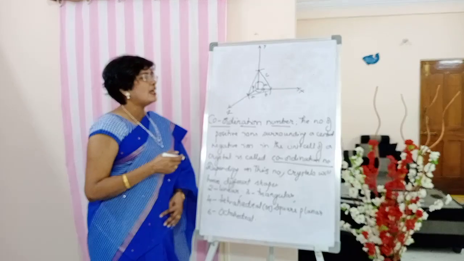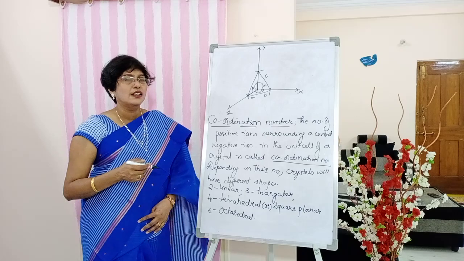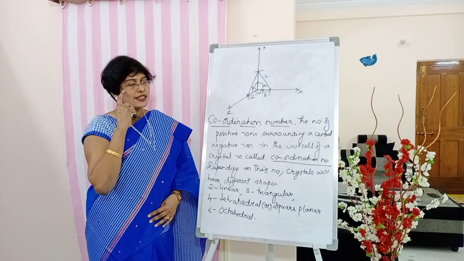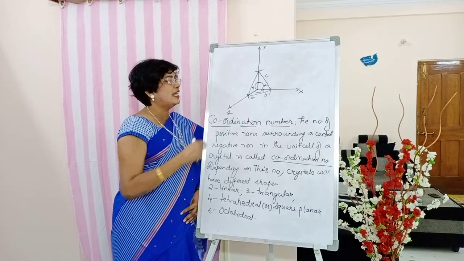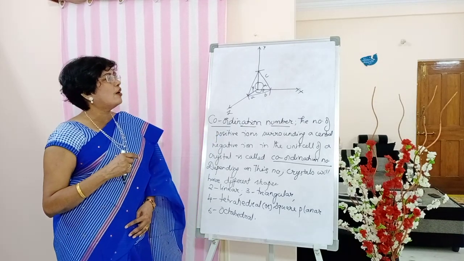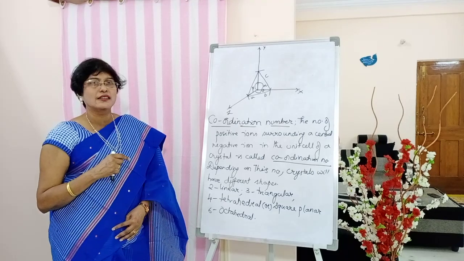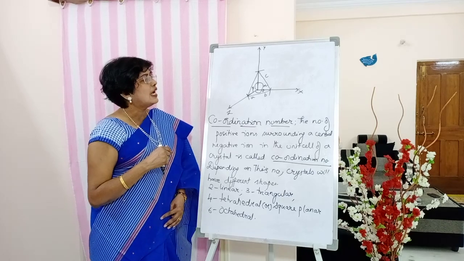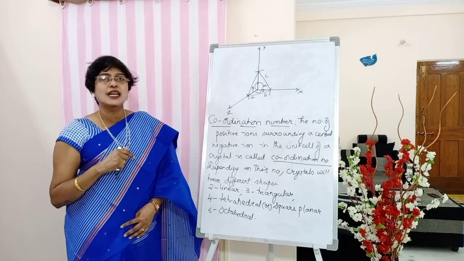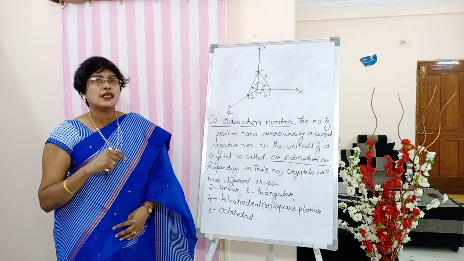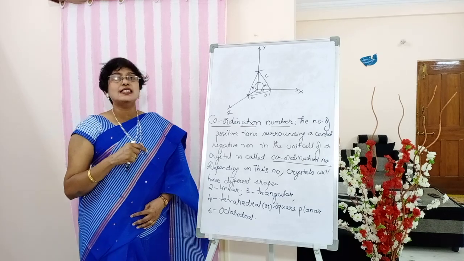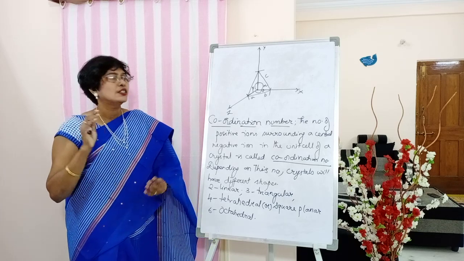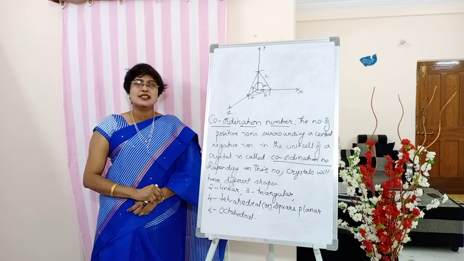Draw the 3 axes x, y, z, mark the unit cell and the distance at which it cuts: along z as a, along x as b, along y as c, and inside mark the angles alpha, beta and gamma. Based on these parameters, crystal systems are of 7 types. You will write this under crystal systems.